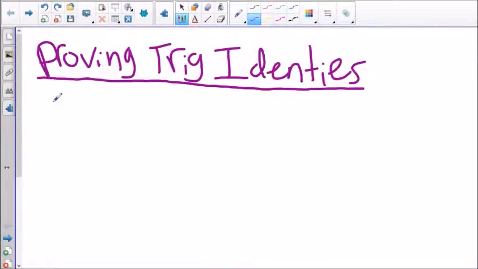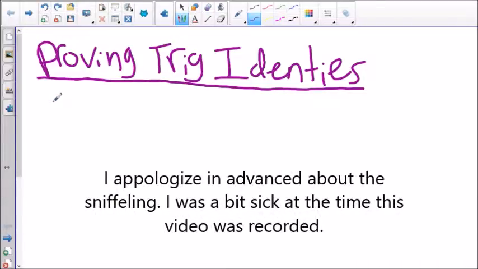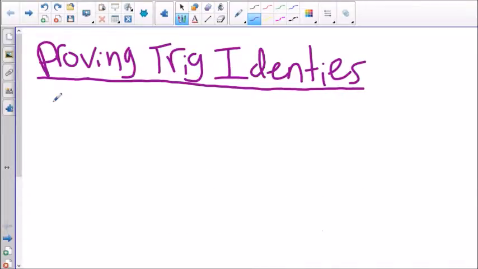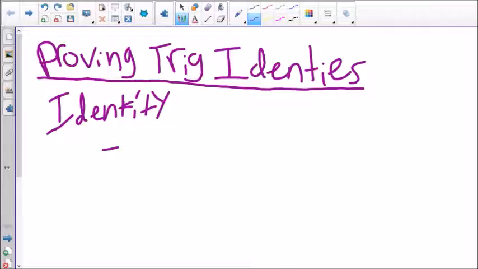Okay, so this lesson is about proving trigonometric identities. And so you might ask yourself, what's an identity? Well, an identity, sorry, I apologize about my handwriting in advance, because I have to use a computer to write it.